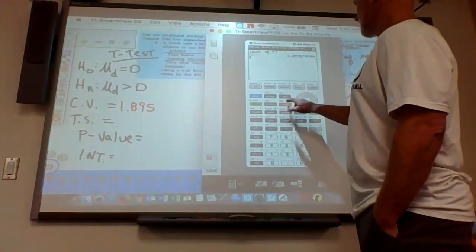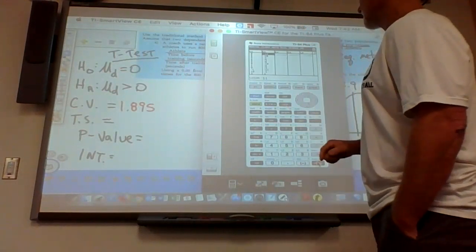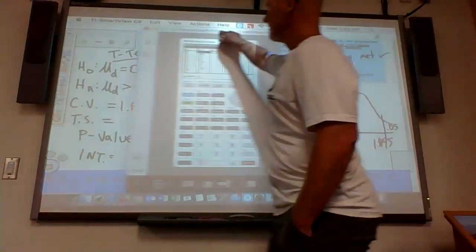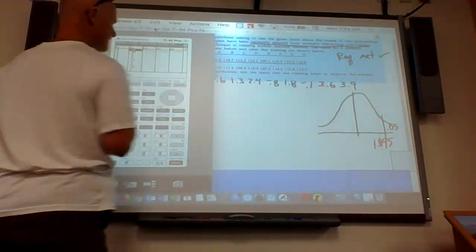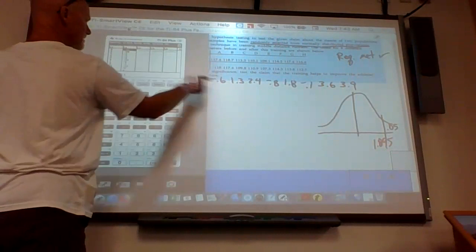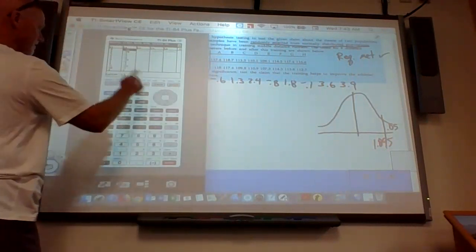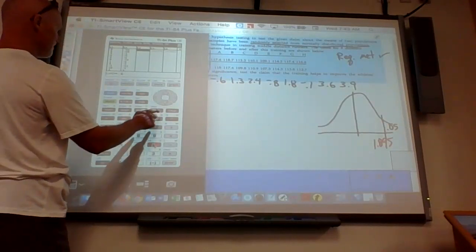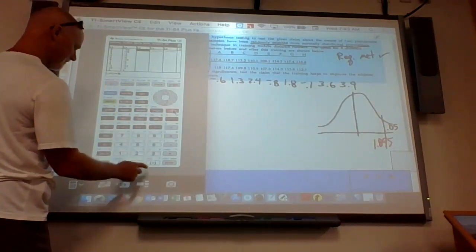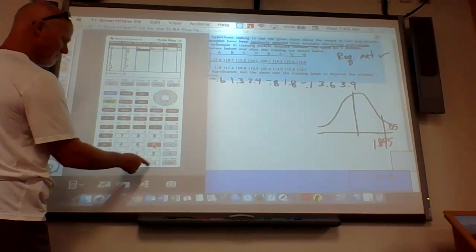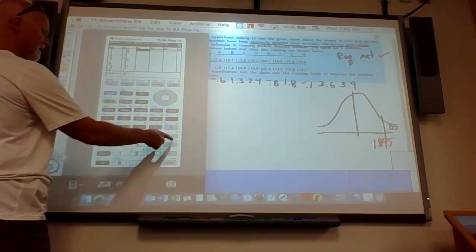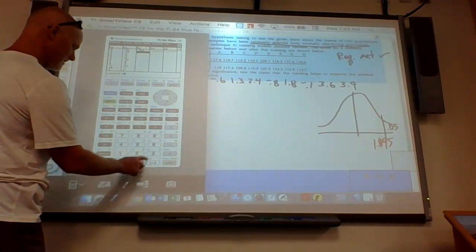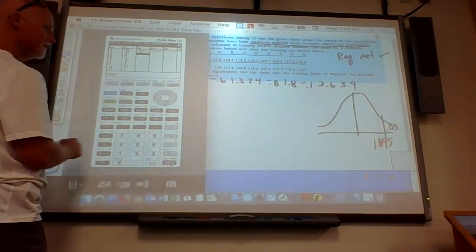But first, I need to go to stat and check the lists out. And so I don't waste time, I'm just going to enter my values here in list 3. Later, I'll have to make an adjustment for that. So negative 0.6. Remember, you have to use the negative button, not the minus button. The minus button will give you errors.